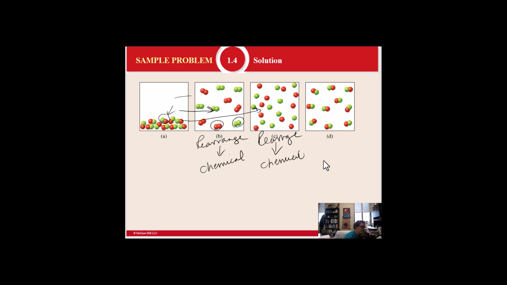Now this last one might be a little confusing. I had to look at it myself. So you've got a red and a green and a red and a green. So we haven't changed the identity of that, but what we've done is we've gone from the liquid to the gas state. And so we just changed the state, therefore that is a physical change.